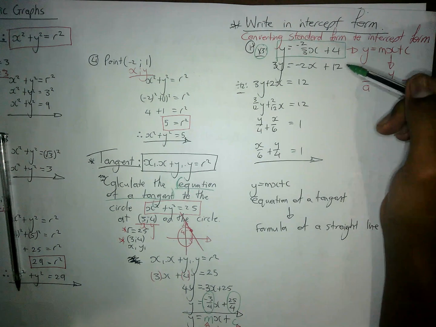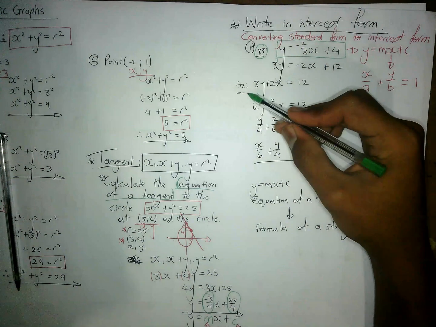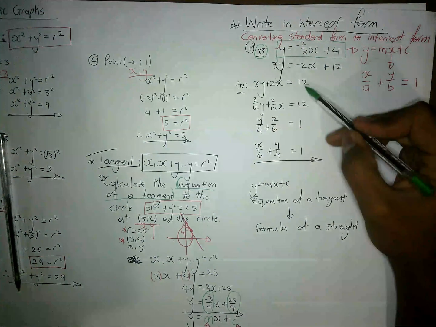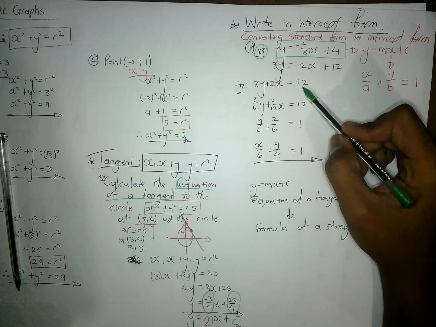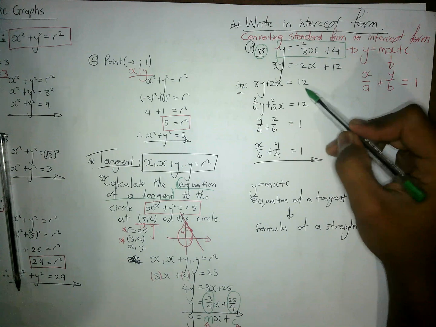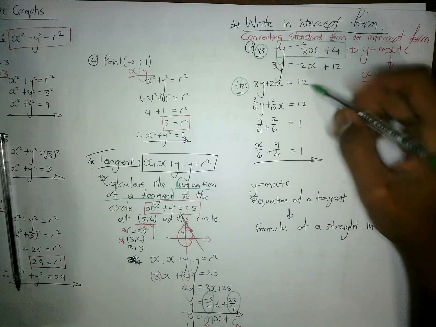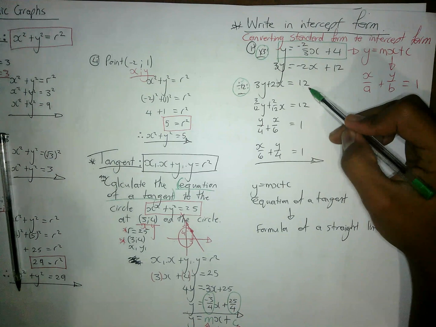Then we divide with 12 to get this to 1, because we want the number here to be 1 also. This can be any number, but it must become a 1, so we must divide with that number.